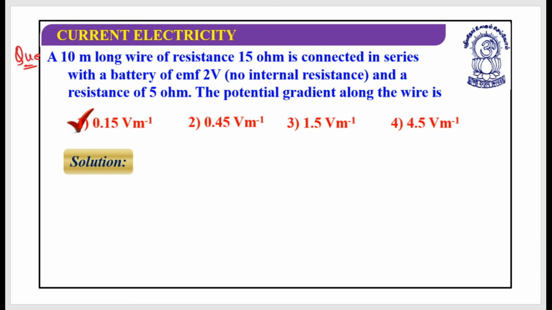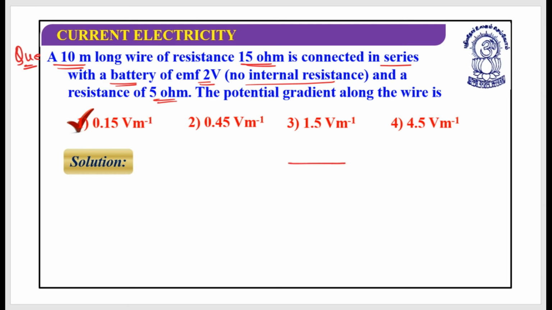It says that a 10 meter long wire of resistance 15 ohm is connected in series with a battery of EMF 2 volt, which does not have any internal resistance, and a resistance of 5 ohm. The potential gradient along the wire, okay.